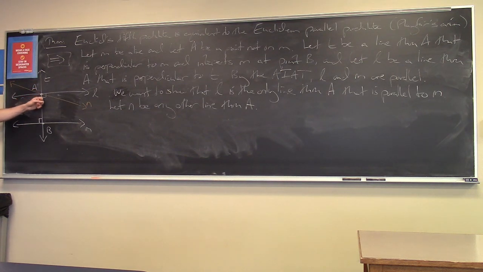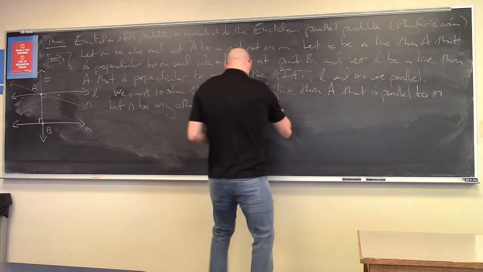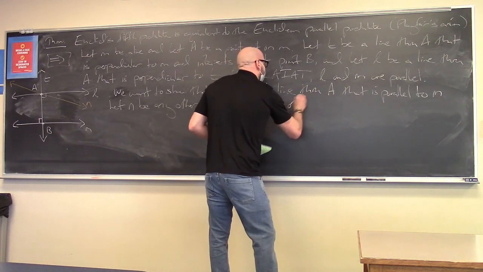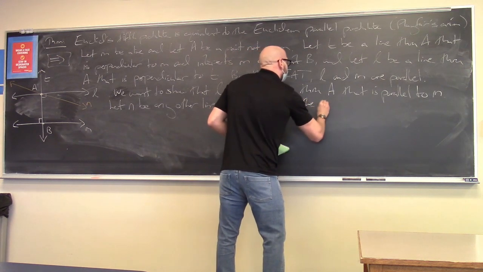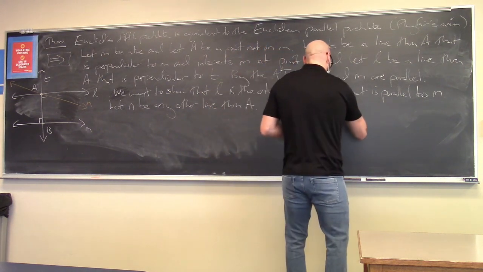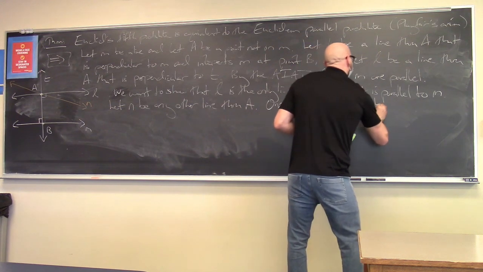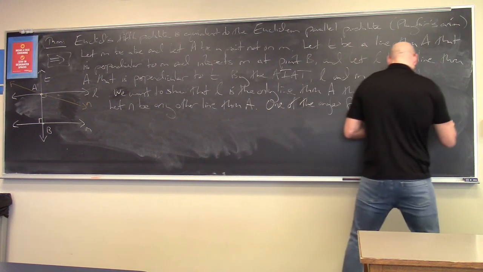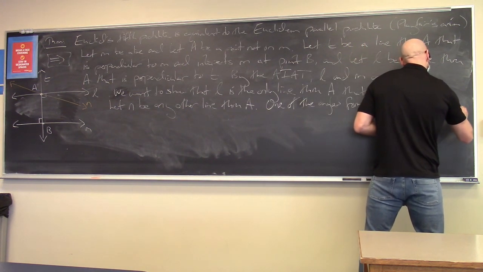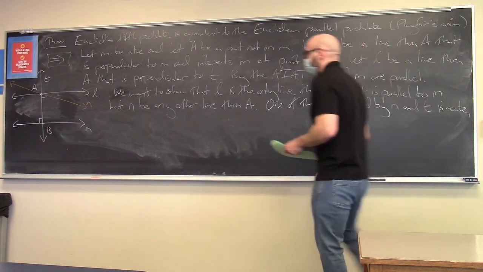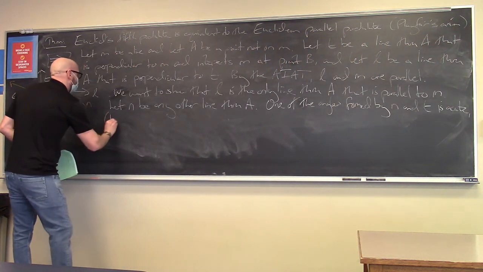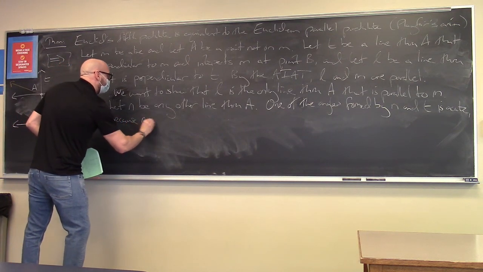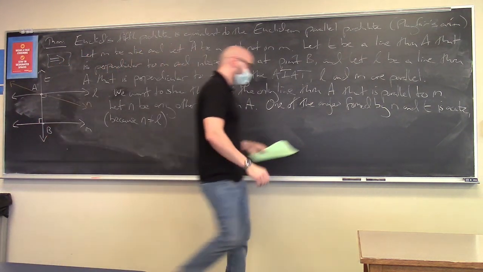And they can't all be 90 degrees because N is not the same line as L. So one of the angles formed by N and T is acute, because N is not the same line as L.